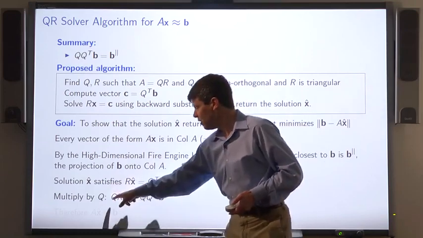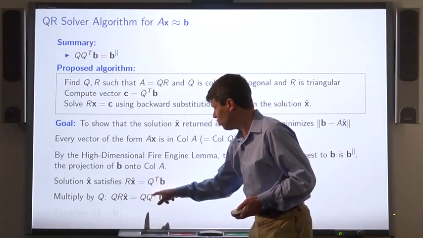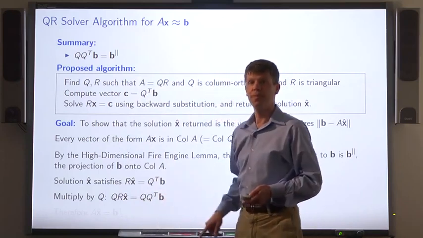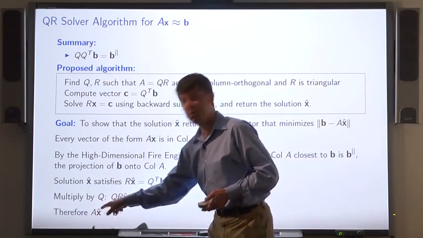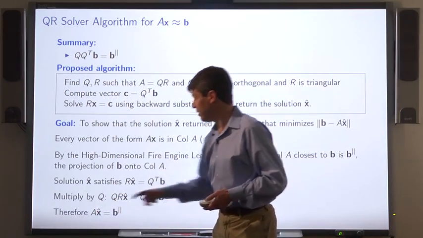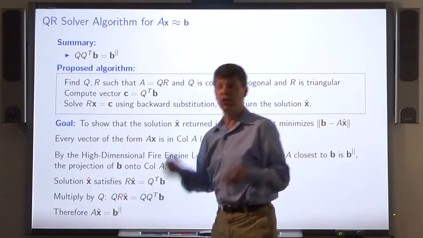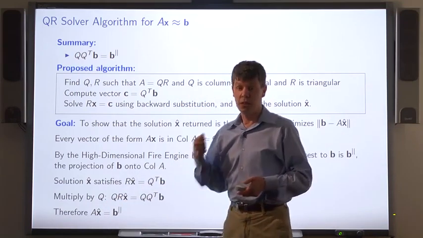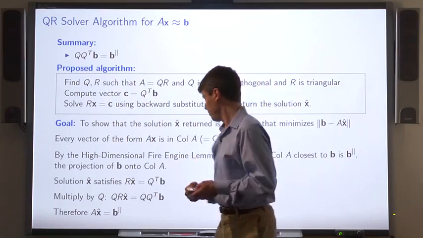Well, on the left, Q times R is the matrix A, and Q times Q transpose times b is the vector b parallel. So we find that this particular x hat satisfies that A times x hat is b parallel, which is the vector that's closest to b in the span of the columns of A.